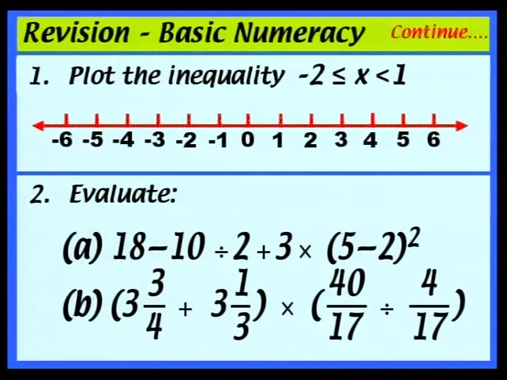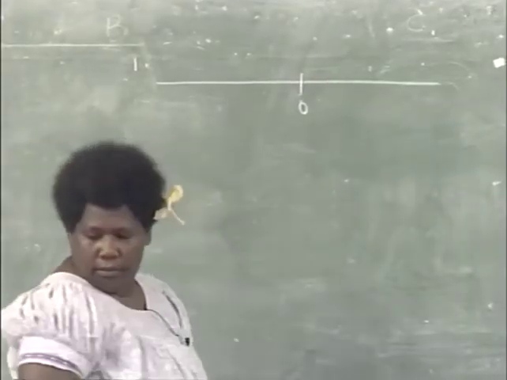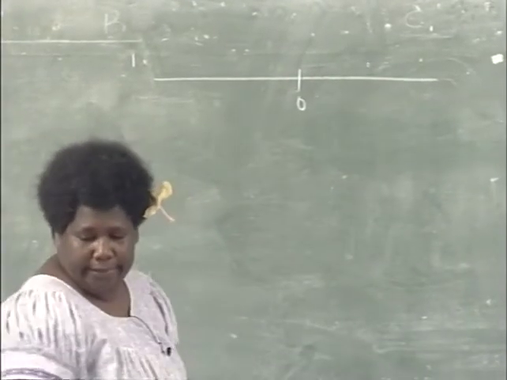Okay, number one, I'm going to do it on the board, and then the rest of you can come and do those that I will select, or who will volunteer, will come and do the rest on the board. Number one says plot the inequality minus 2 is less than or equal to x, which is less than 1.